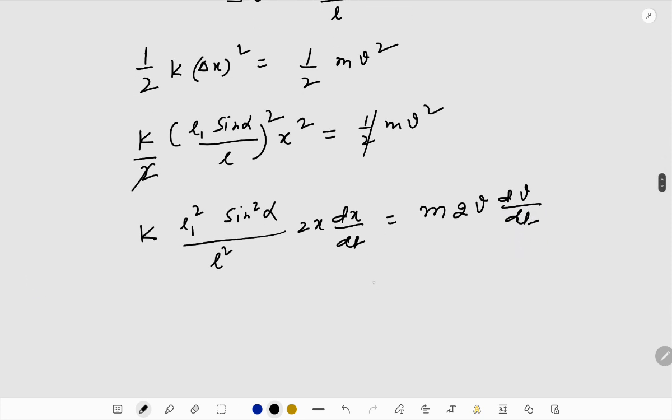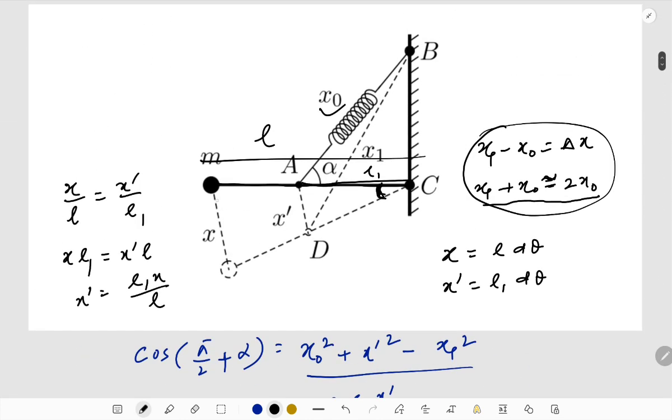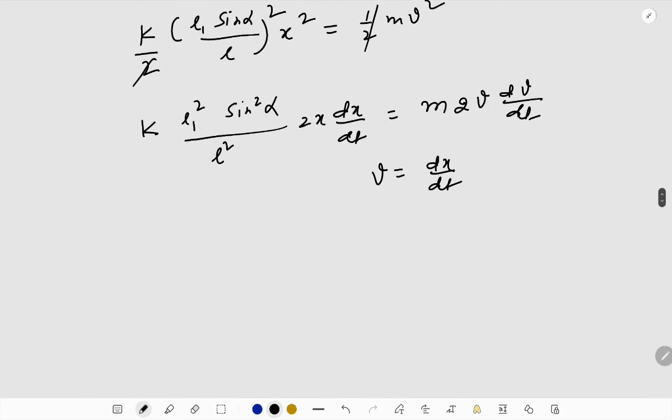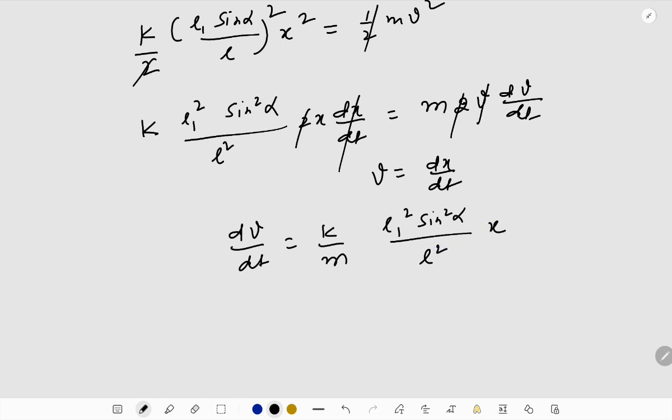And again I can say here that v is equal to dx by dt, and we can cancel out both 2 and v, and we can write the equation as dv by dt equals k upon m L1 square sine square alpha by L square multiplied by x.